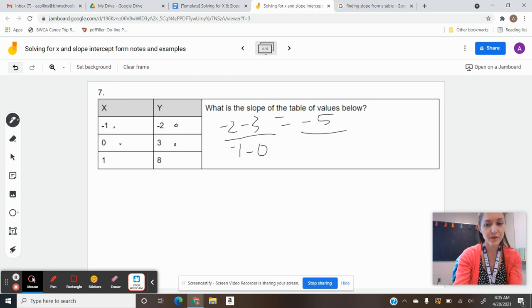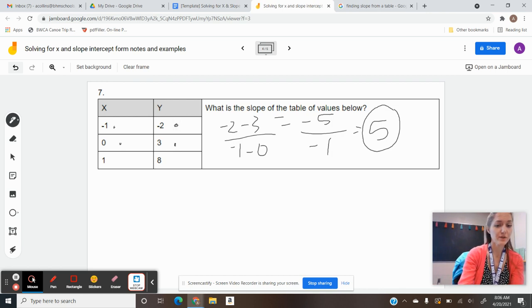Negative 1 minus 0 is just negative 1. Now if I take those numbers and divide them, I have 5. So my slope in this case is 5. Pick two numbers from your y, find the difference, divide that by two numbers from your x, and divide them. Easy peasy.